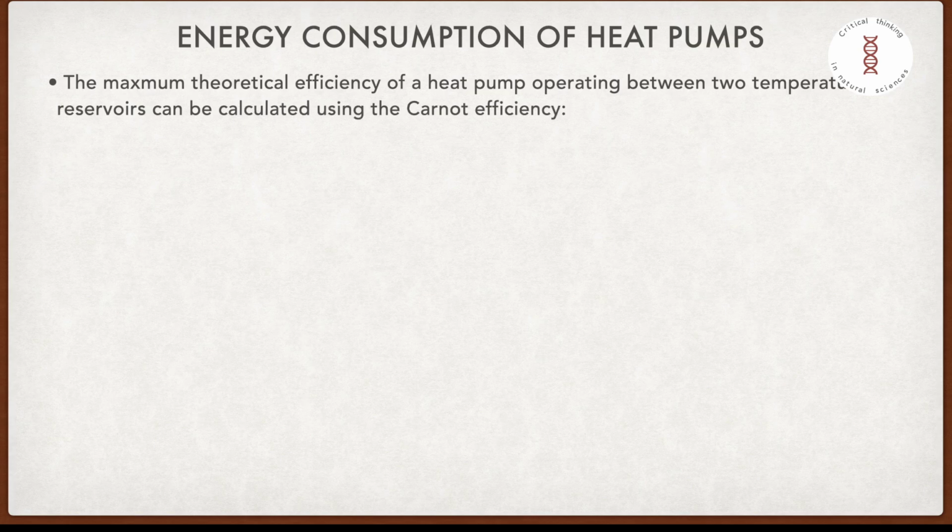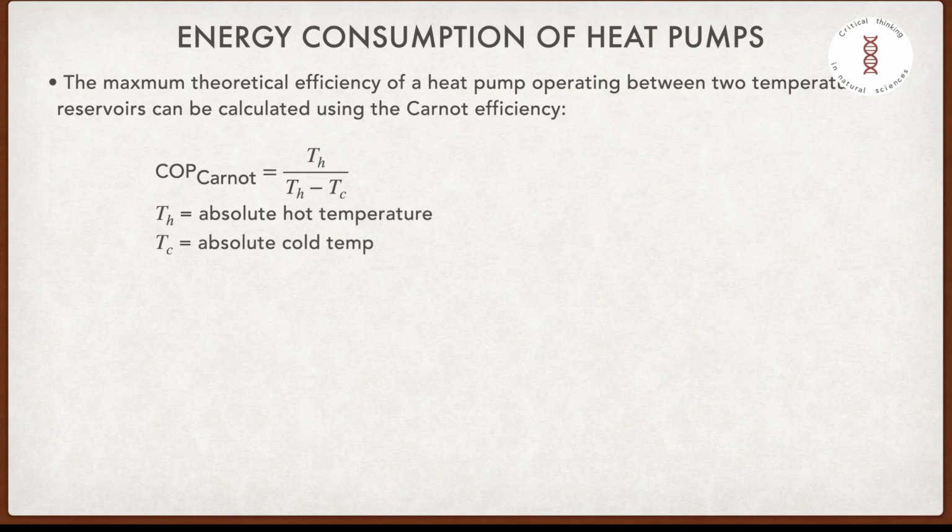The maximum theoretical efficiency of a heat pump operating between two temperature reservoirs can be calculated using the Carnot efficiency. It is calculated by dividing the temperature of the hot reservoir by the difference of the temperature of the hot reservoir minus the temperature of the cold reservoir.